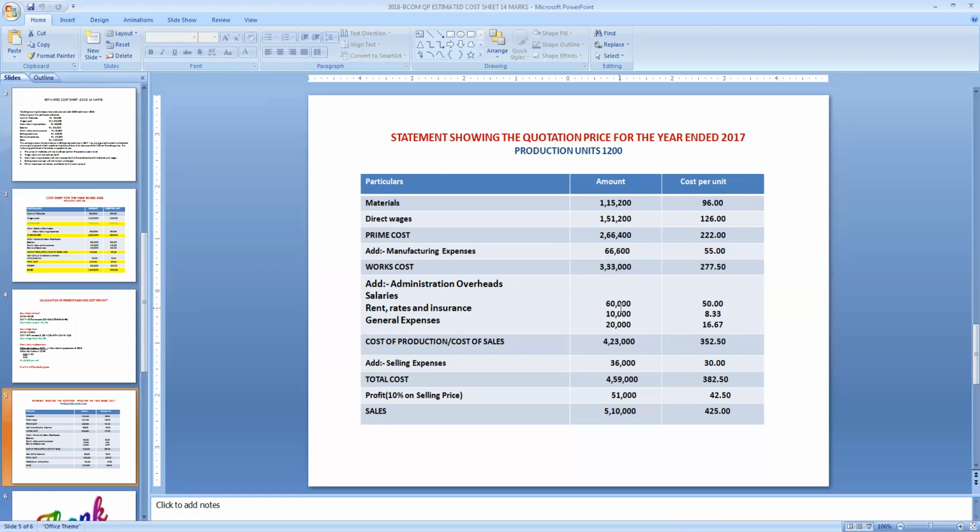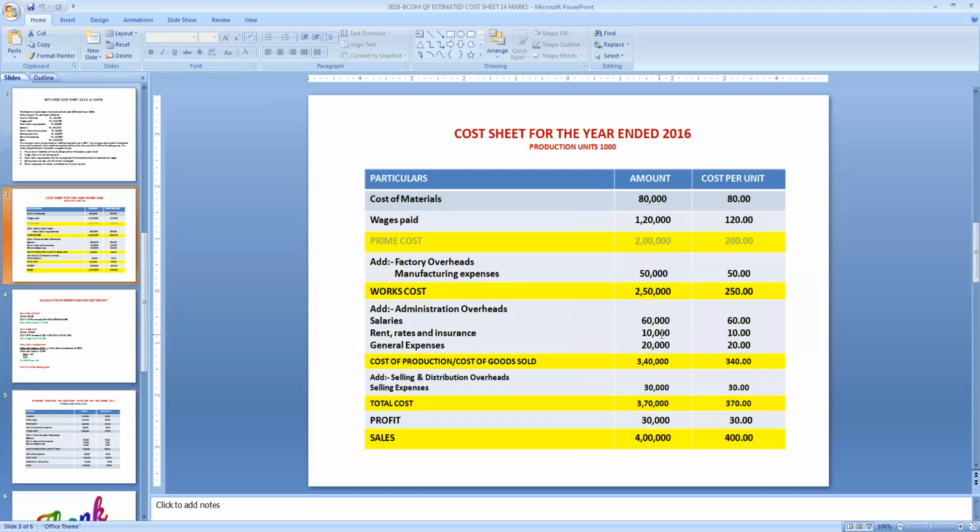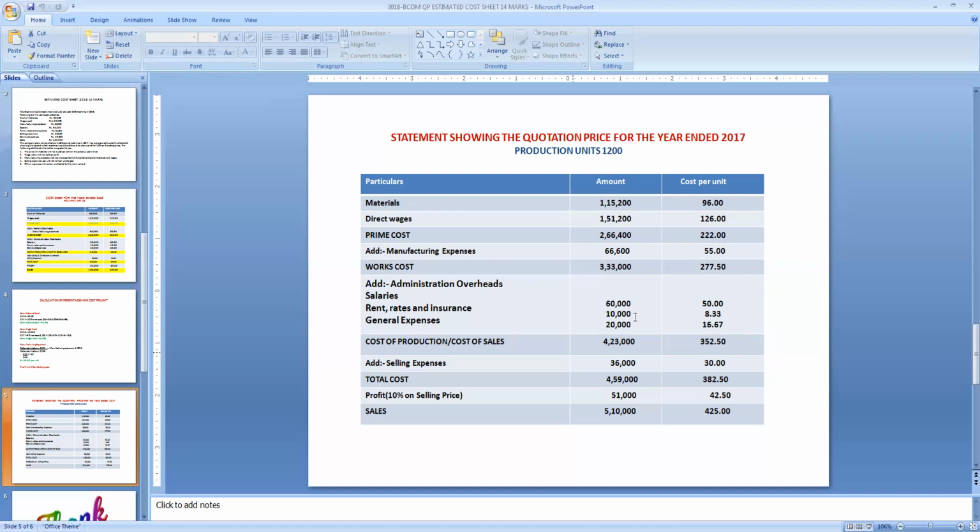Therefore, the cost of production and cost of sales comes to the total value along with the works cost, 3,33,000 plus 60,000 plus 10,000 plus 20,000, which comes to 4,23,000. Therefore, the cost per unit is 352.50 rupees. So here in the question, the values are given per unit for the year 2016, so salaries of 60,000, 10,000 and 20,000 have to be considered.